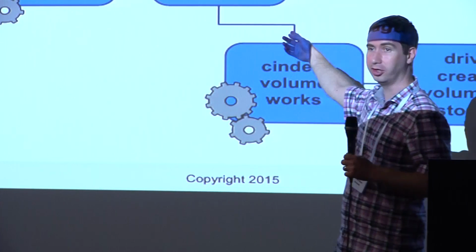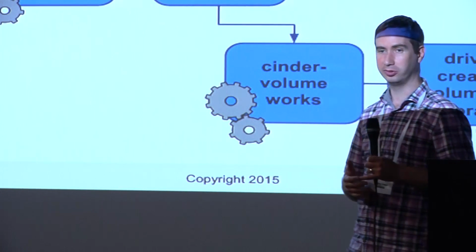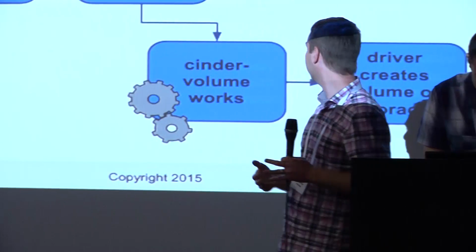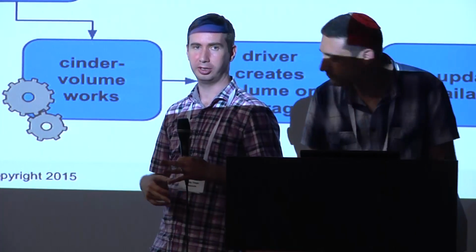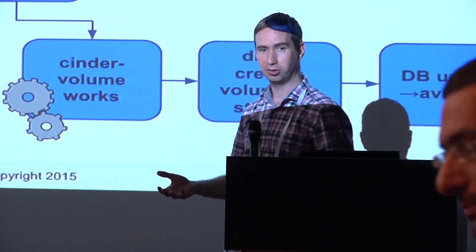And then it'll send another RPC to Cinder Volume. Cinder Volume will do all sorts of things like update the quota and I don't know what else. And then it'll call the driver. The driver will actually contact the storage to create the volume on the storage.